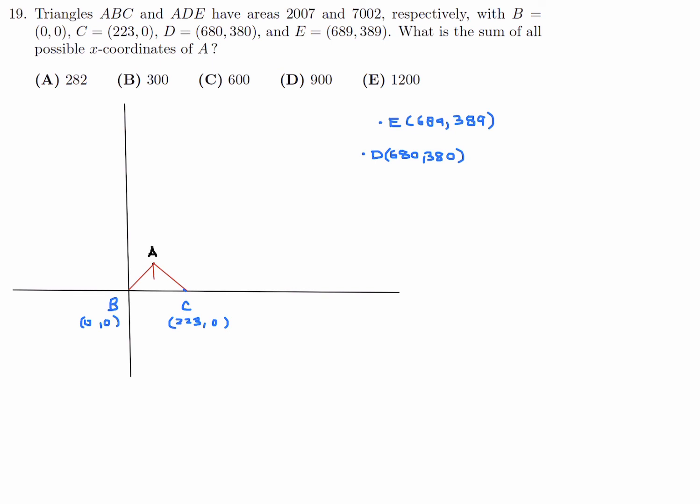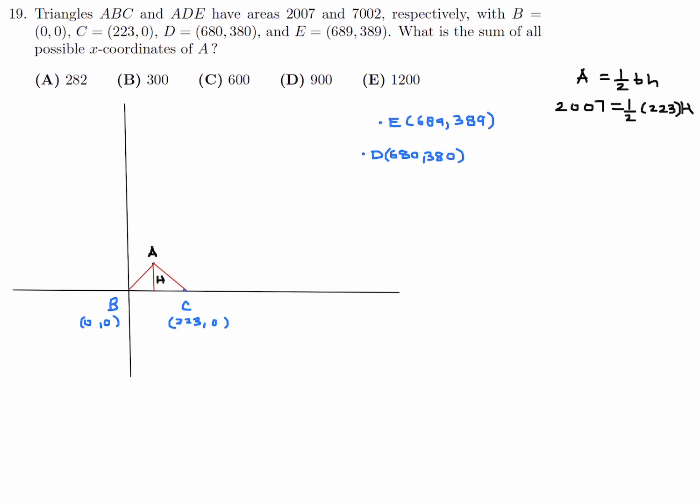Okay? So if this is the altitude, let's call that height, H for height, then that means that the area of this triangle, 1/2 base times height, is equal to 2007, which is what they tell us in the question. Now the base is just going to be from B to C, which is 223.